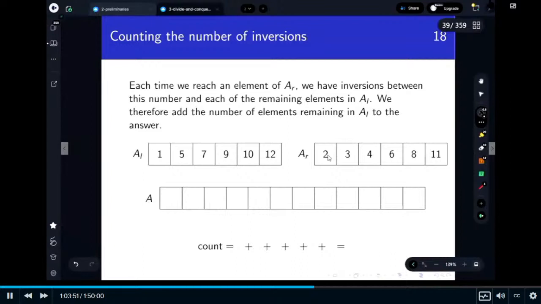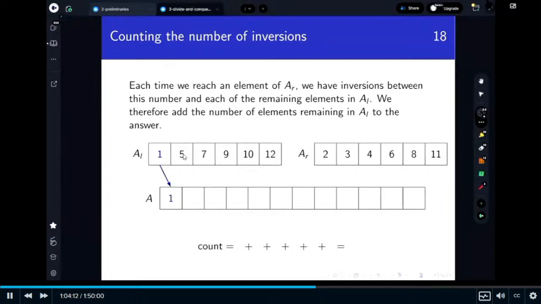We go through AR one by one. We have this number 2 that we encounter. It doesn't form an inversion with 1. We put 1 in our sorted list. It does form an inversion with the next number, 5.